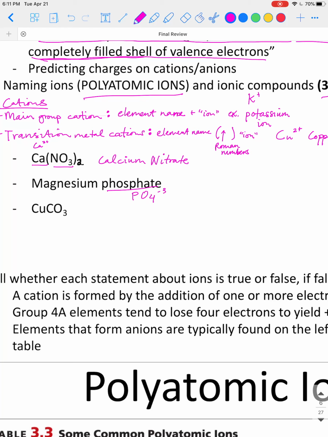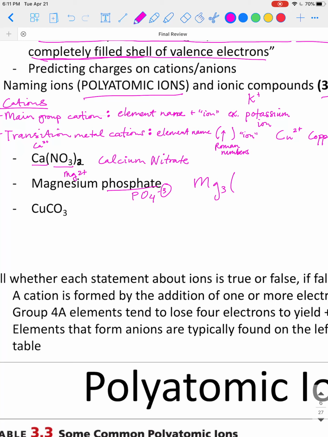Okay, if we had magnesium phosphate, we've got to know that this is a polyatomic, PO4, with a -3 charge. Magnesium is main group 2, so it's Mg2+. You will have a periodic table, so you should be able to figure that out. Now we've got to put these things together. Remember the switch trick: the charge on my anion is the number of cations I need.